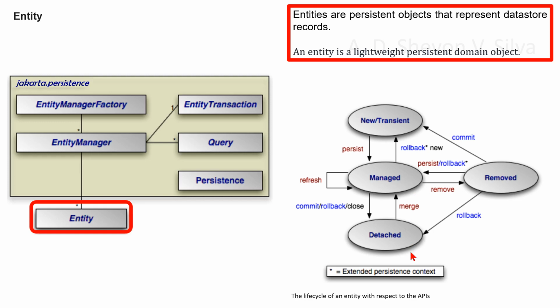A detached entity instance is an instance with a persistent identity that is not or no longer associated with the persistence context. A removed entity instance is an instance with a persistent identity associated with the persistence context that will be removed from the database upon transaction commit.